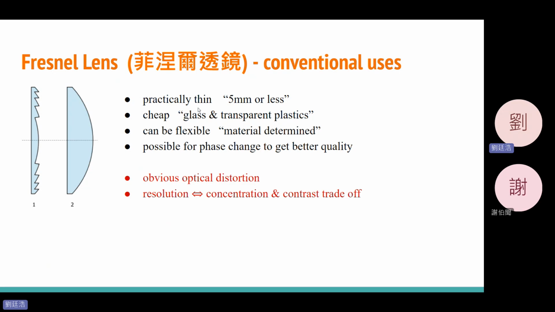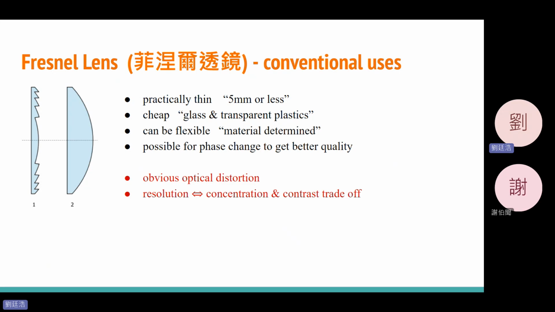It only uses the useful part of the normal lenses and makes it very thin. So it uses less space for the VR headset and is very useful. However, the Fresnel lenses create a lot of optical distortion, which we don't want.